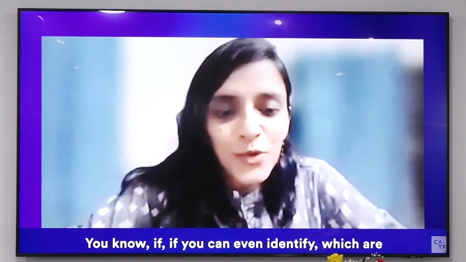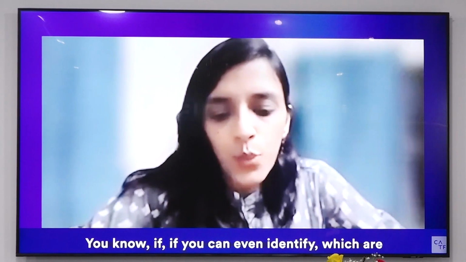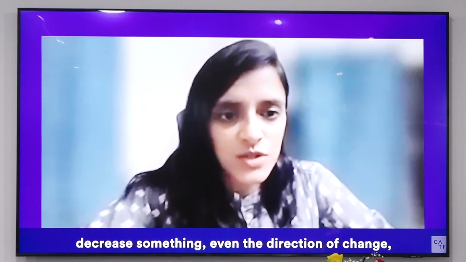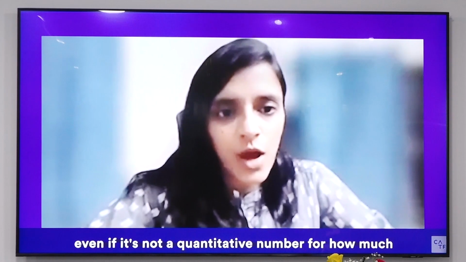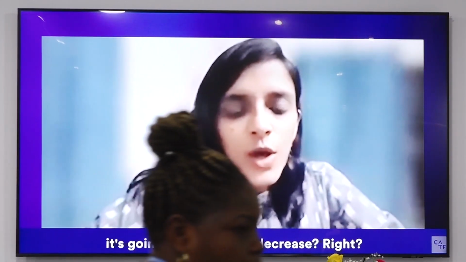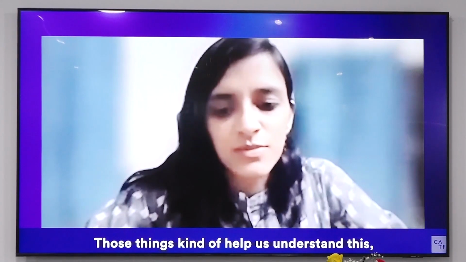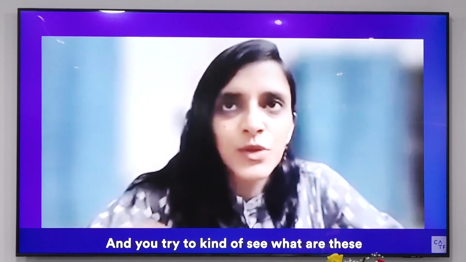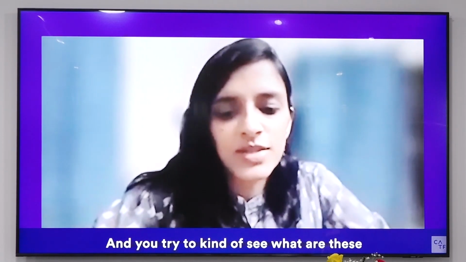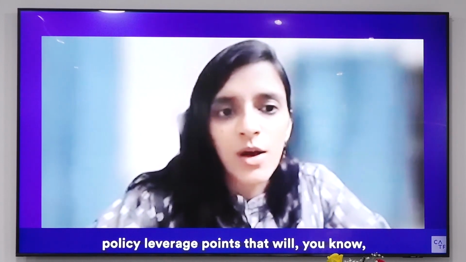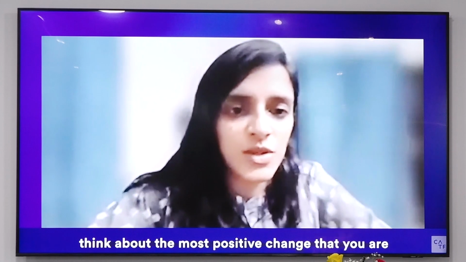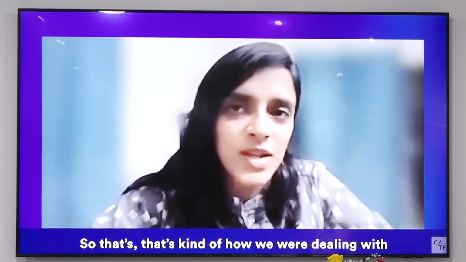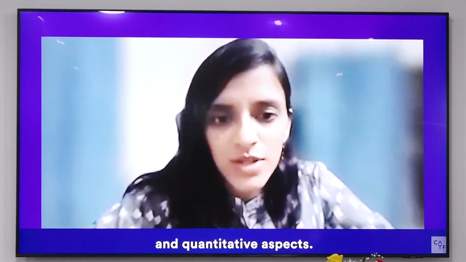But even if you can identify which parameters will increase or decrease something, even the direction of change, even if it's not a quantitative number for how much, those things help us understand the system we're working with, and you try to see what the policy leverage points are that will bring about the most positive change you are looking for in that sector. So that's how we're dealing with incorporating both qualitative and quantitative aspects.